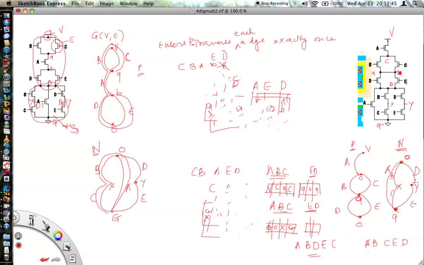For E and D, if this is G, this is Y, and then this is O, and we need to basically connect all the O's and the G's, the C's, the A's.